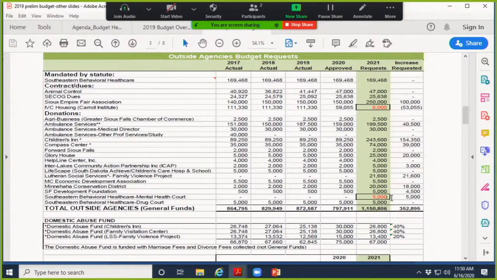Some of these organizations did not ask for a decrease. Do you want to fund a 2% increase for those that did not ask for one? No, I said the decreases were coming out of the 2020 approved. So, for example, the IVC housing $59,055 would be reduced to the $6,000. And the Southeastern Behavioral Health Care one, I wouldn't put that in at this point.